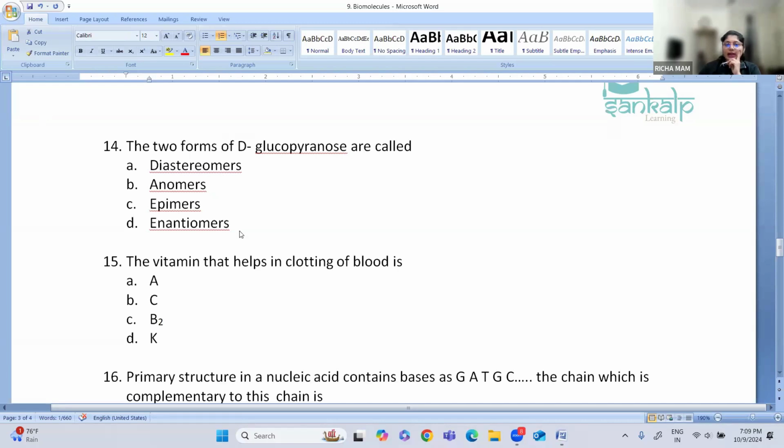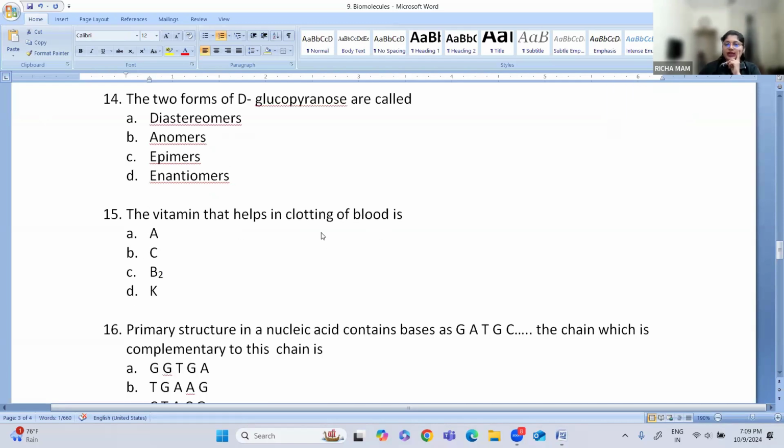Okay. The vitamin that helps in clotting of blood is, which is the vitamin that helps in clotting of blood.